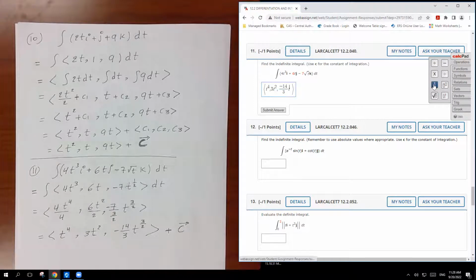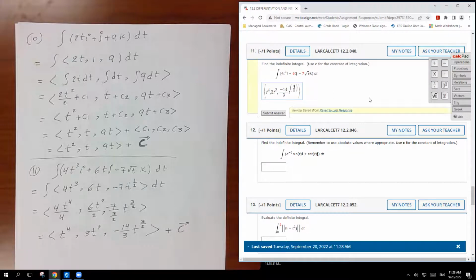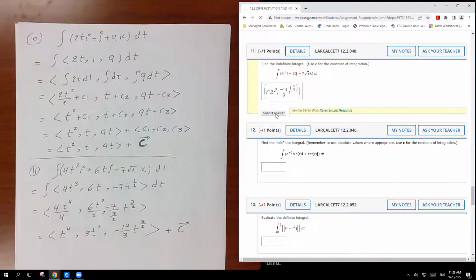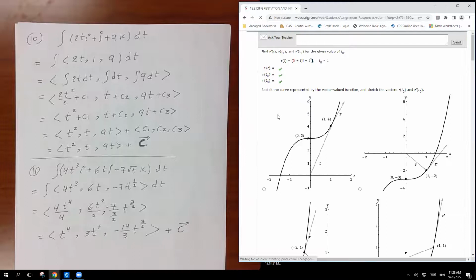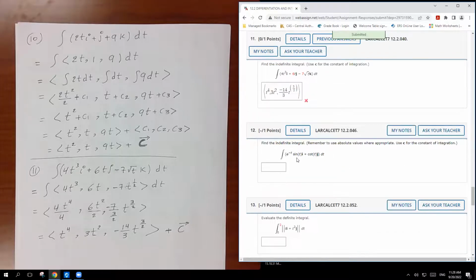Can I do that? Yes, 3 over 2. Oh, I forgot the c.